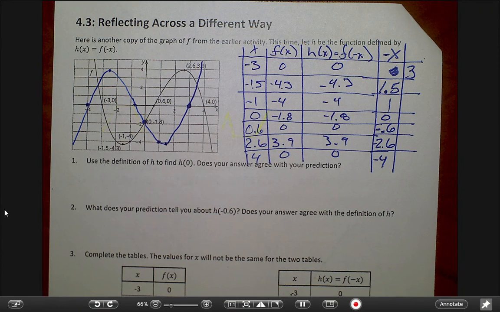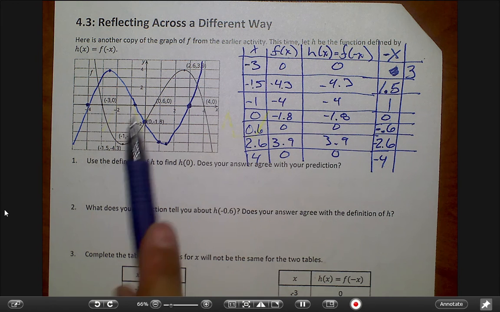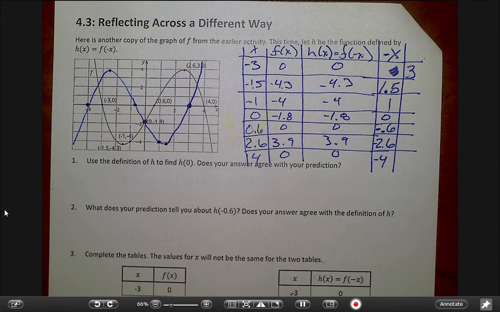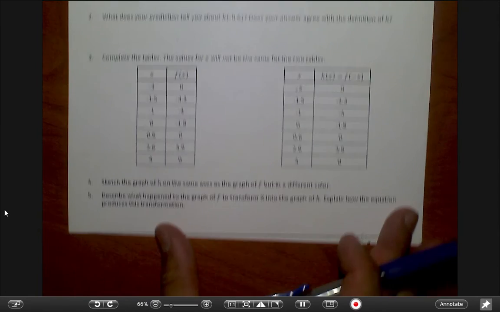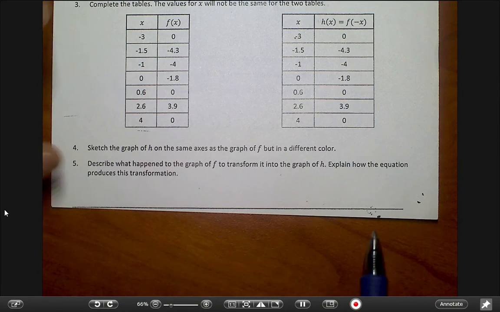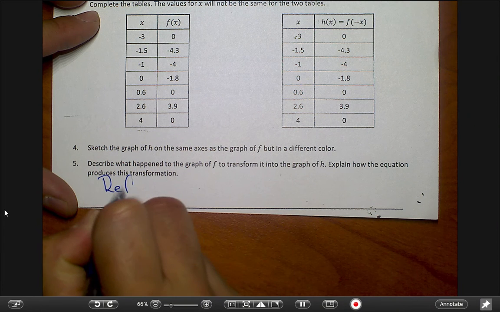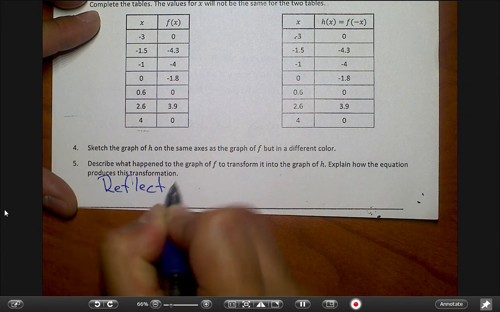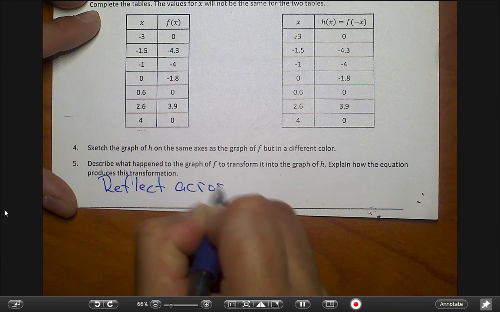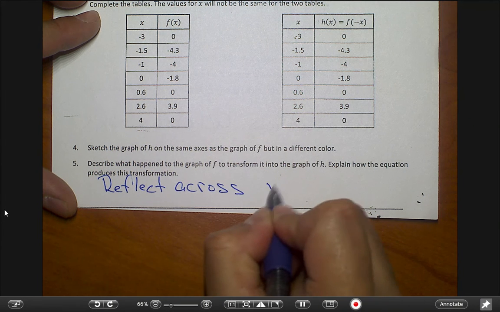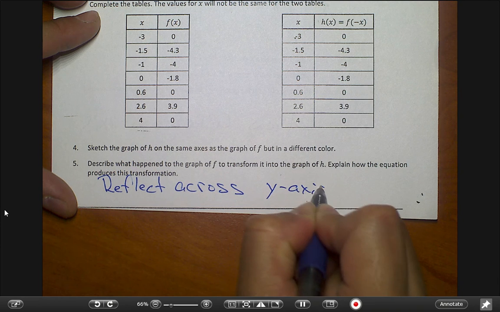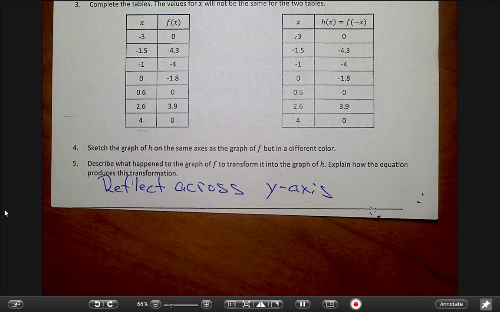By building this table and filling out everything, what do you think I just did to that whole function? Reflected over the axis. Okay, let's take a look. We reflect across the y-axis.